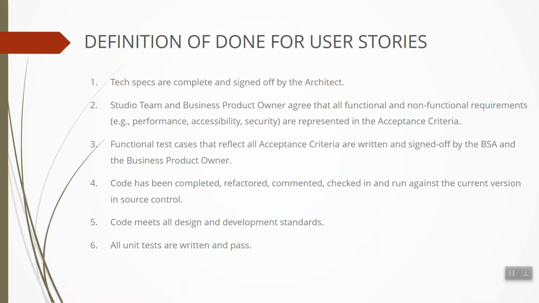Functional test cases that reflect all acceptance criteria are written and signed off by the BSA and are reviewed and approved by the business product owner. Code has been completed, refactored, commented, checked in, and run against the current version in source control.